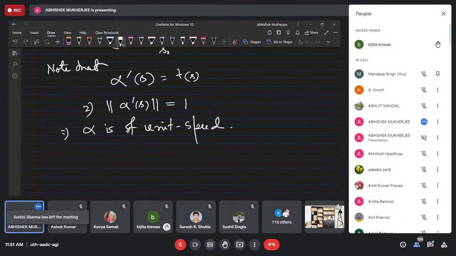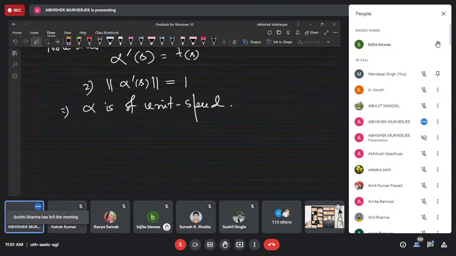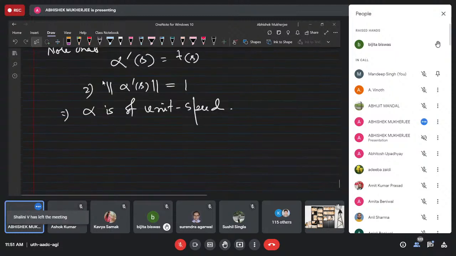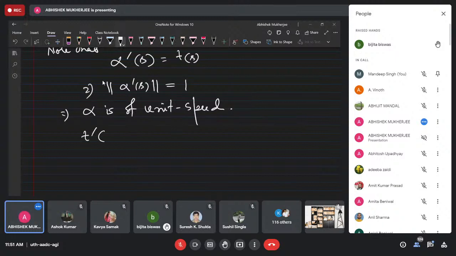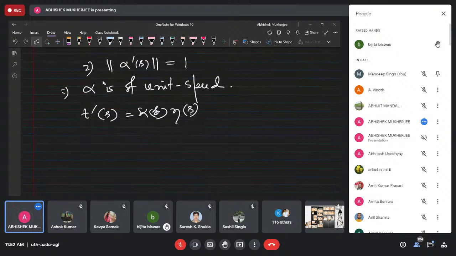Again, by equation 1, you have that T dashed s is kappa(s) eta(s).